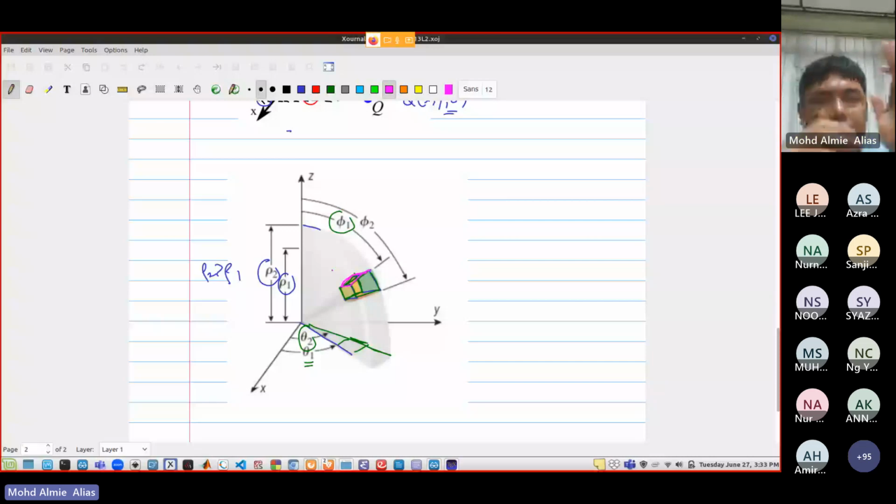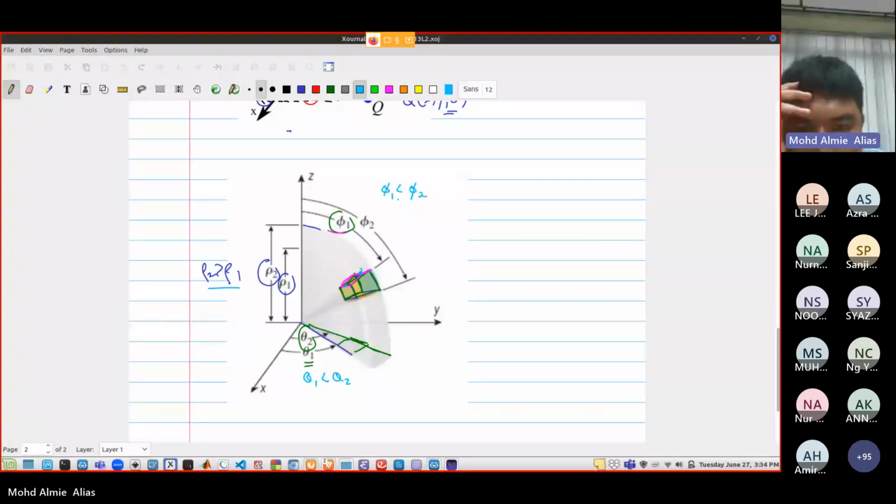If you measure the angle, it always gives you the same constant, phi 1, whether here or here. Oh, sorry, I forgot to mention that theta 1 is less than theta 2, similar to this. And here, phi 1 is less than phi 2. So phi 2 represents the lower boundary of your wedge.